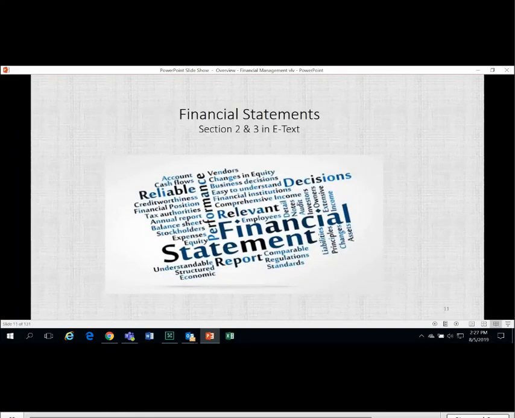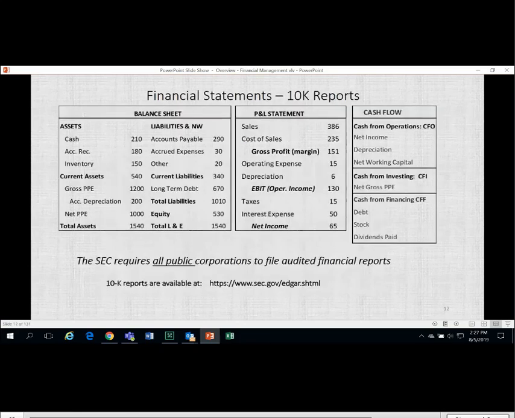Let's look next at financial statements, sections 2 and 3 in the e-text. The Securities and Exchange Commission, the SEC, requires all public corporations, whether for-profit or non-profit, to file audited financial statements with the SEC.